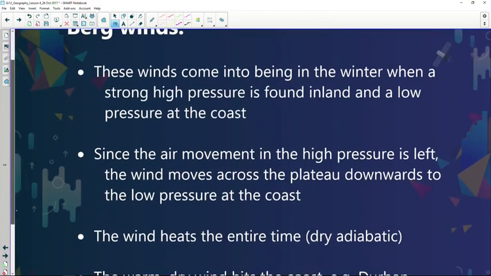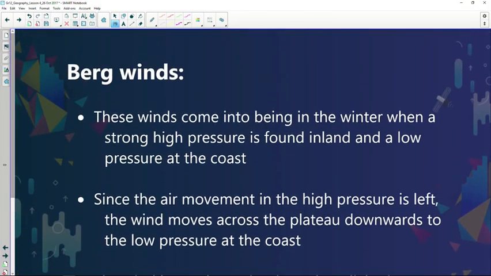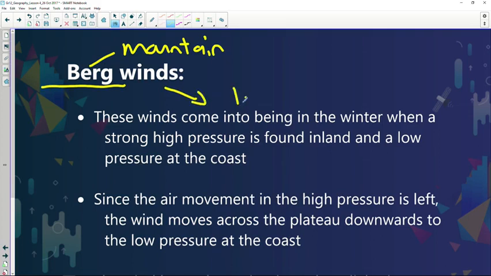If we look at berg winds, it's kind of self-explanatory. Berg winds is the name, it means berg is mountain in Afrikaans. So what do we know as wind? Wind is when air moves from a high pressure to a low pressure.